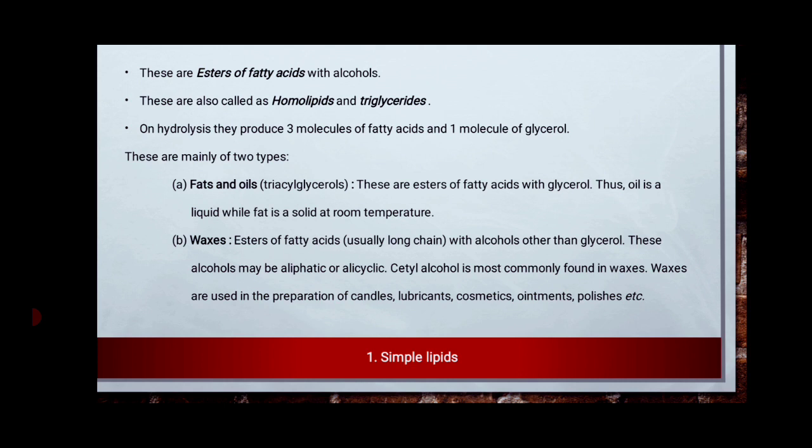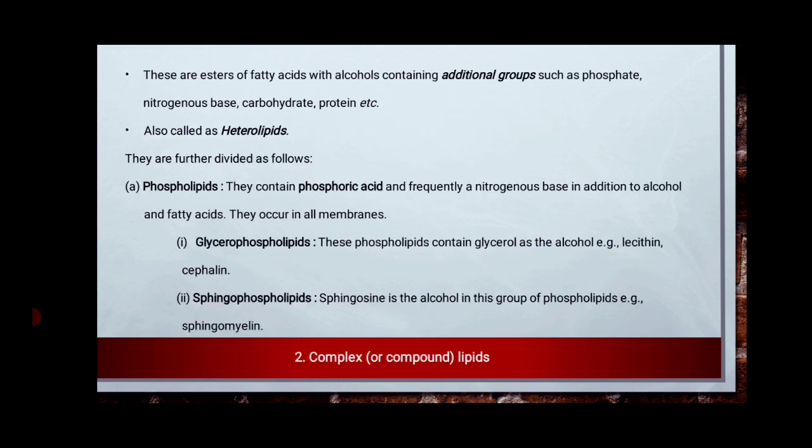So these are simple lipids in which they have only 3 fatty acids and 1 glycerol or any other alcohol in their structure. Fats and oils and waxes are the examples of simple lipids. Moving on, the second type of lipids are complex or compound lipids.